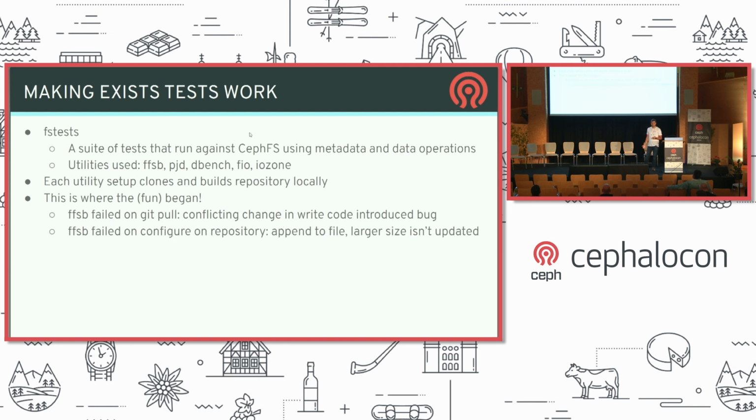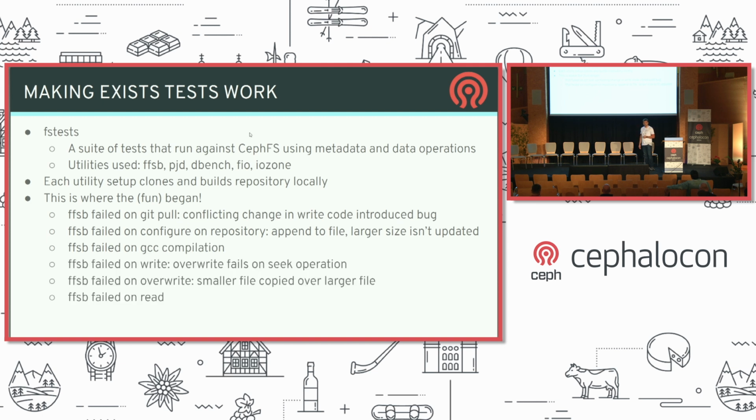Next step is configure. That failed as well. There was an autoconf type operation that extended a header, and the file size wasn't being updated, so it looked like the smaller version. And then there were a wide variety of issues at every step along the way. GCC failed. The actual FFSB utility had issues on overwrites with seek.